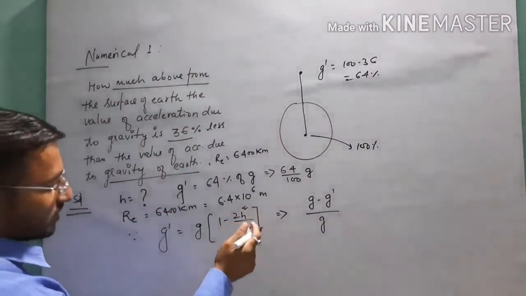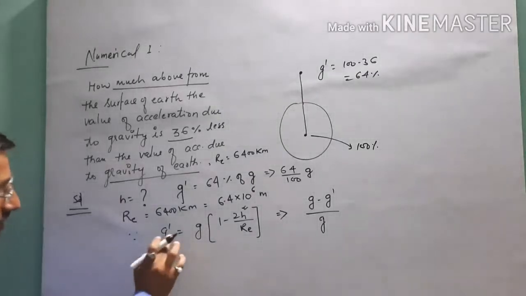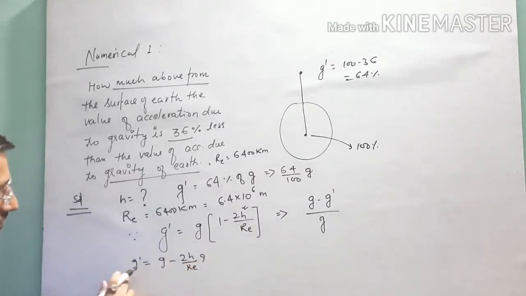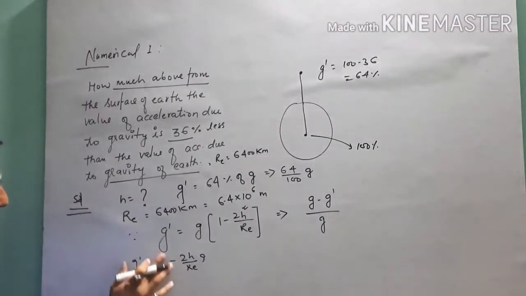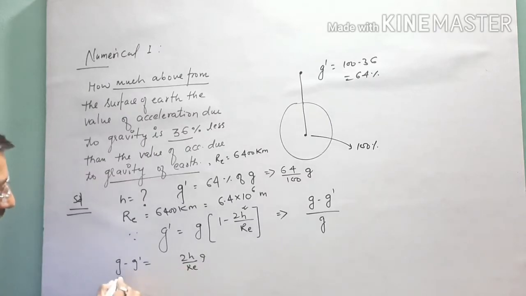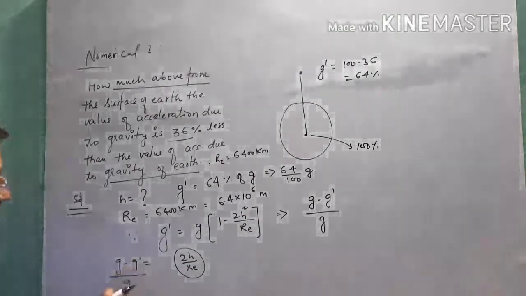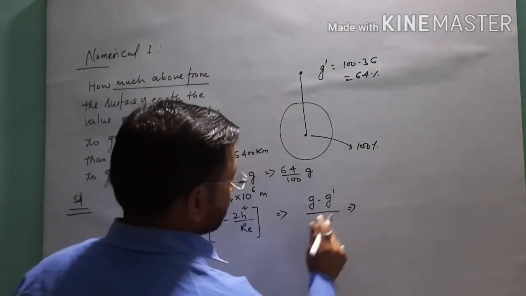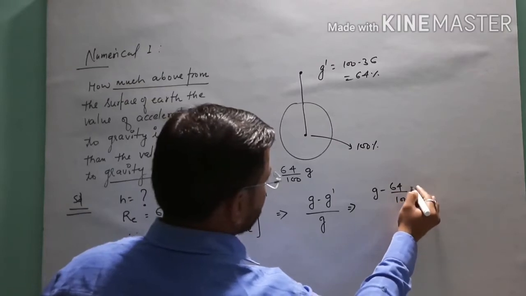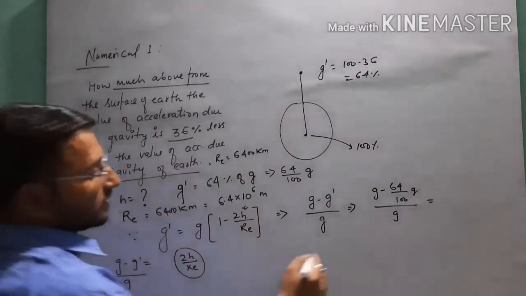From the setting of this relation, you know that g dash is equal to g minus 2h g by Re. So g minus g dash, by adjusting it, it is 2h upon Re. All the values we have given, so here we have g minus 64 upon 100 of g, over g, is equal to 2h by Re.